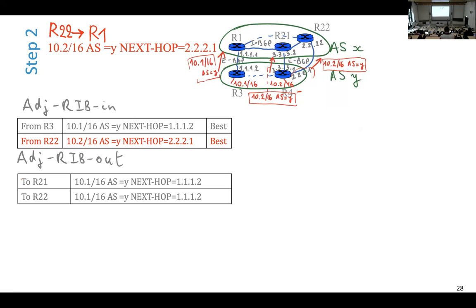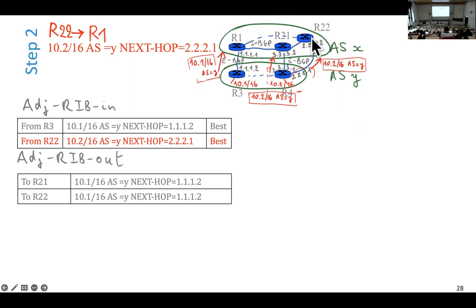The other route is also interesting. The advertised route is not changed. Why is that? You should think about it. The routes are the things that we advertise to our peers, right? So we should see whether R1 has a reason to advertise the new route that it has learned to any of its peers. First of all, what about R21 and R22? This is something that we have learned internally. By the rule, we do not repeat it internally. Since I've learned this route from R22, which is in the same domain as me, R1 will not advertise this to R22, because R22 will have the first-hand information directly.